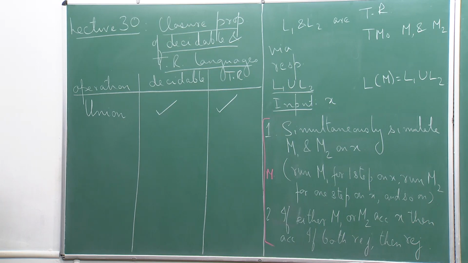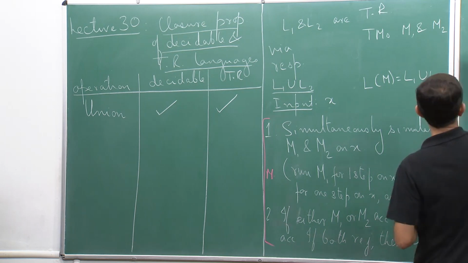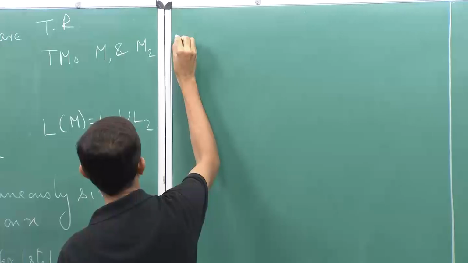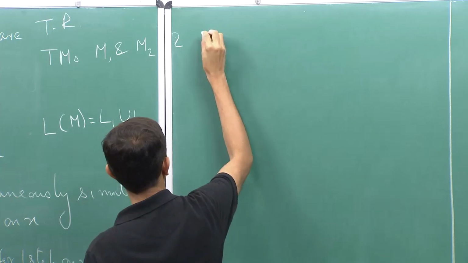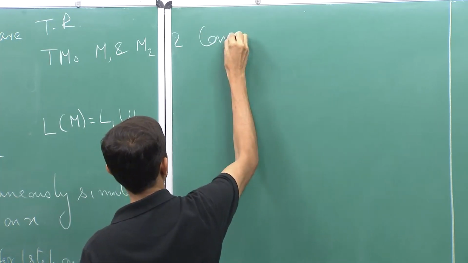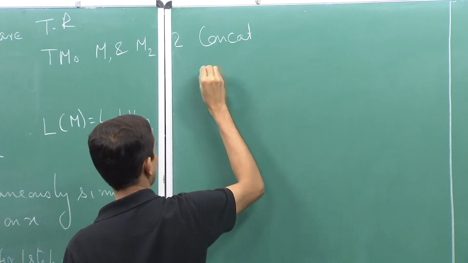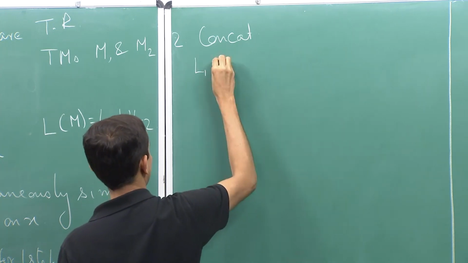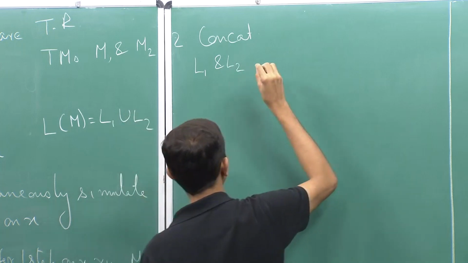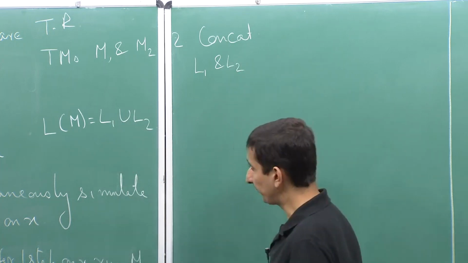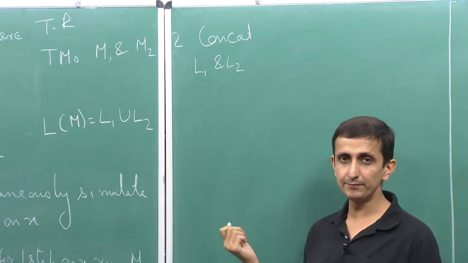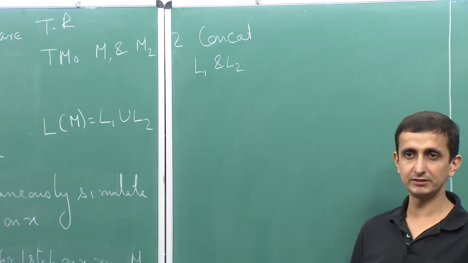So, now let us look at the second property. The second property will be the concatenation operation. For concatenation I will only prove it for Turing recognizable languages.